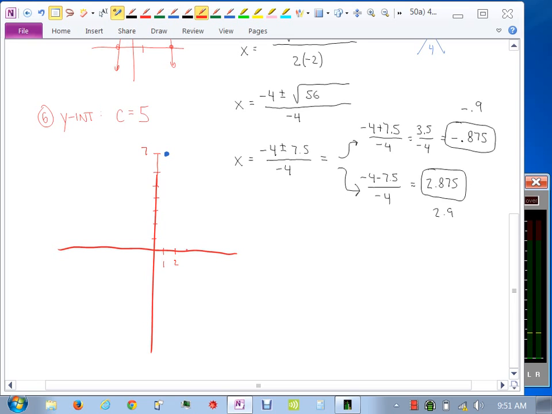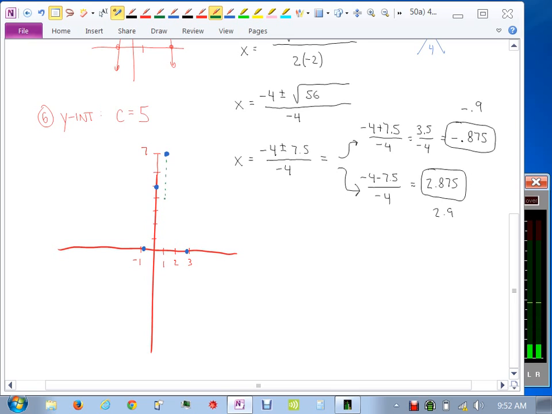So here's 2, here's 3. It's almost at 3, so I'll just put it about right there. And then I also have another one at about -0.9, which is right before I get to -1. I have my y-intercept of 5, which is right here.